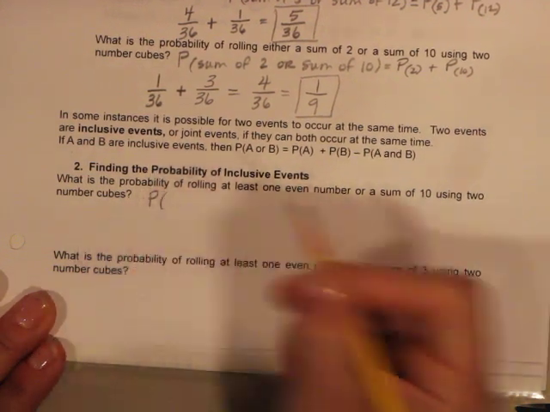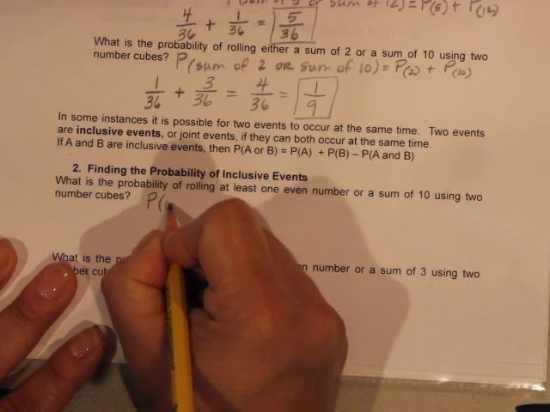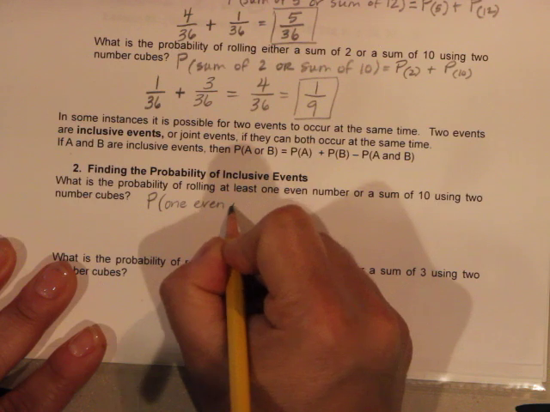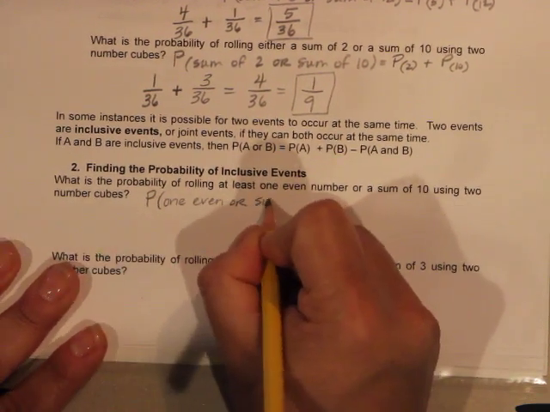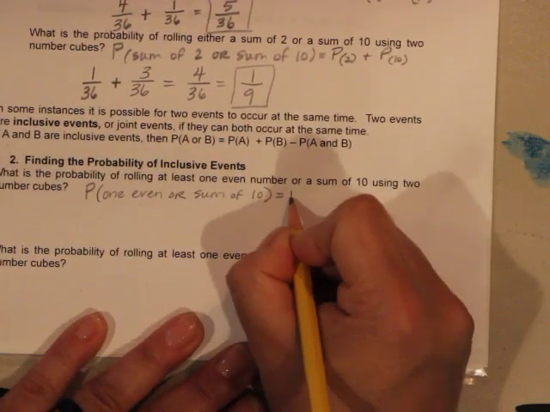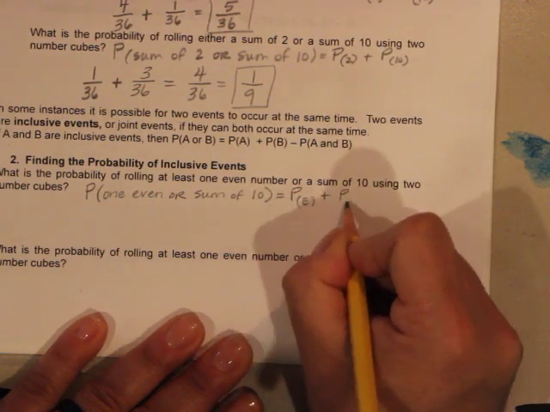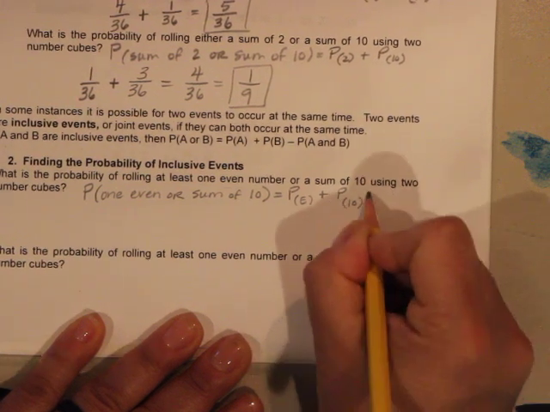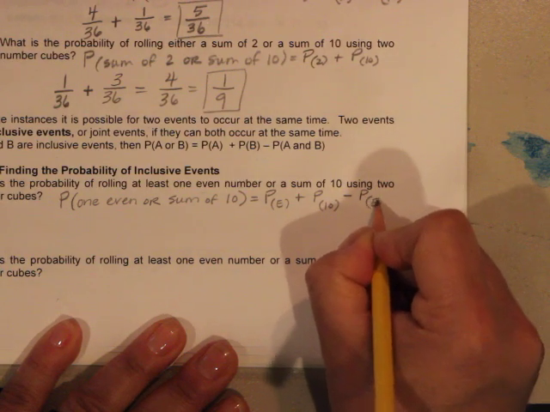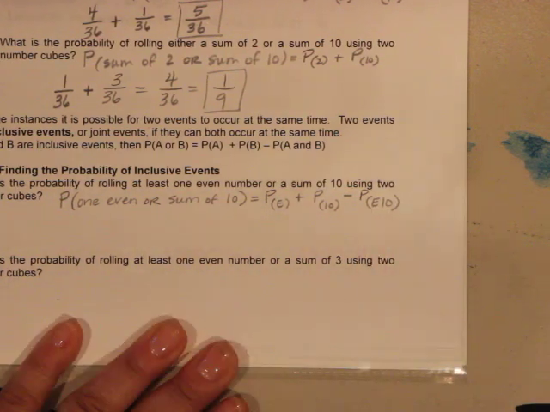The probability of rolling at least one even number, at least one even, it could be more than one even, okay, or a sum of 10 is going to equal the probability of even plus the probability of rolling a sum of 10 minus the probability of an even number that is also a sum of 10.